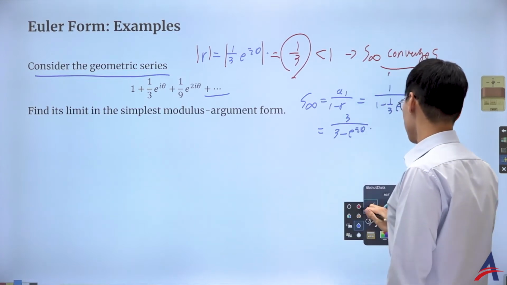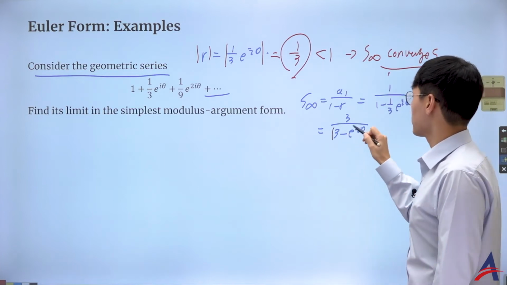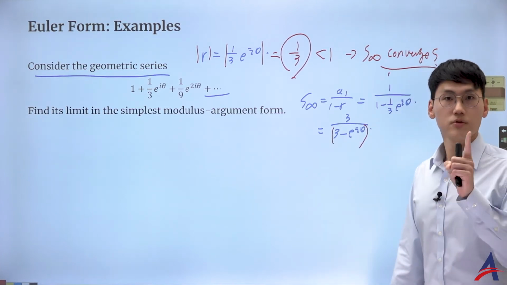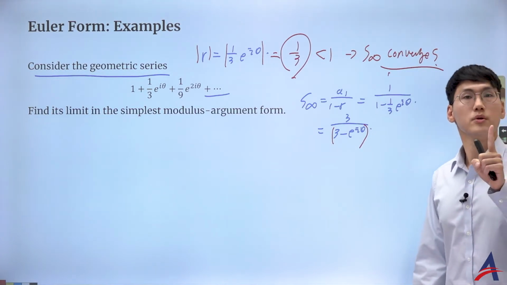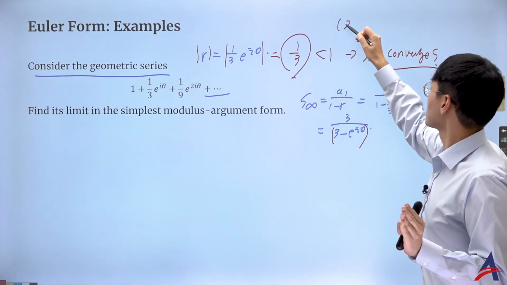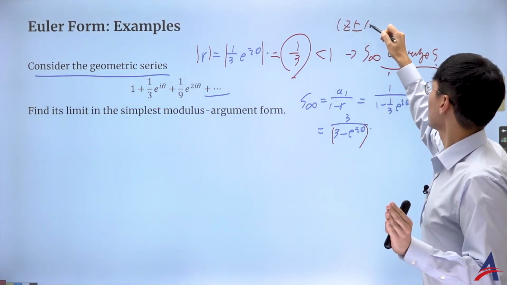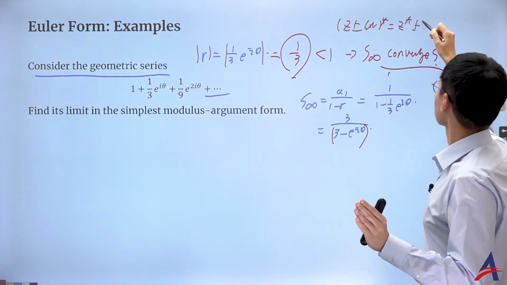And I don't like working with a complex number in the bottom either. So what you want to do is multiply by the conjugate. But please don't forget, do not simply change this coefficient to be positive, all right? That's only applicable for the Cartesian form. We're talking about the complex number. Remember, the conjugate of z plus or minus omega is simply z conjugate plus or minus omega conjugate.